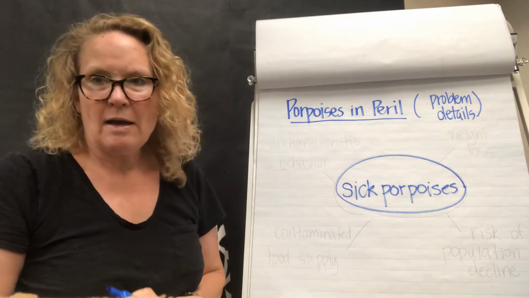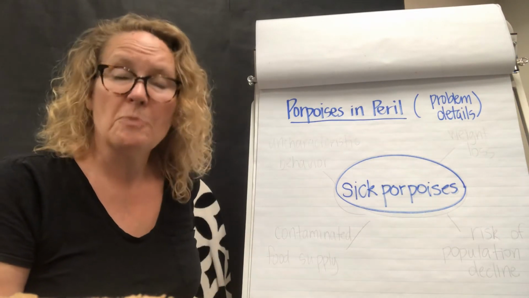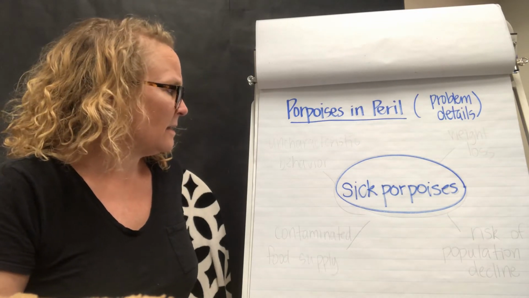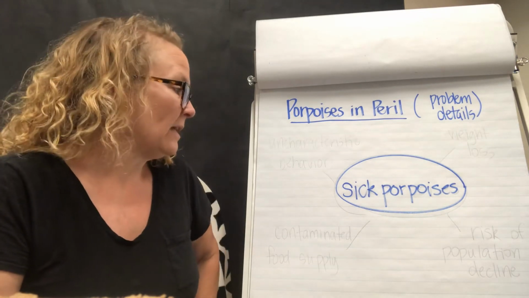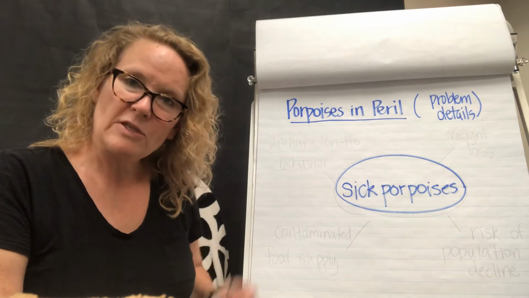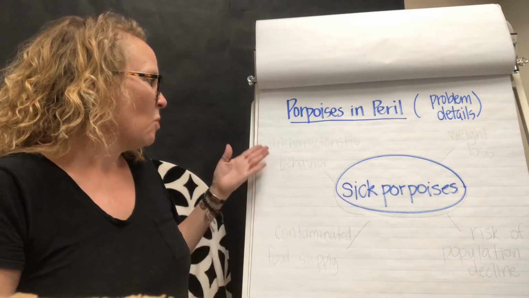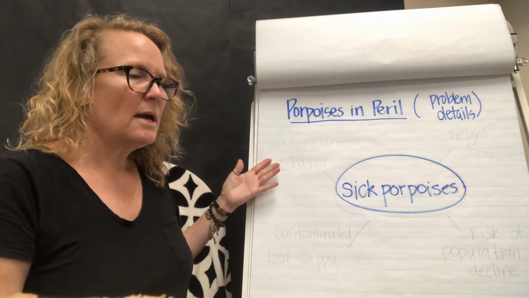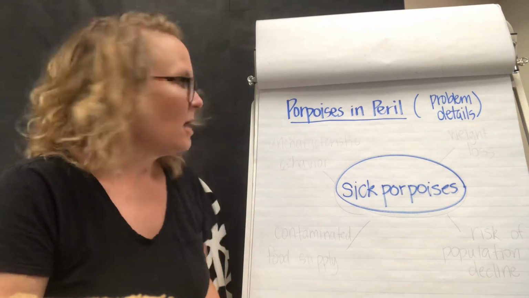Now in the story on pages 4 through 9, we met Dr. Q, or Professor Q, and she explained that there have been some reports of declining populations of porpoises, and it was the science squad's job to try to figure out why that was. What we know from the story so far is that the porpoises were showing uncharacteristic behavior.